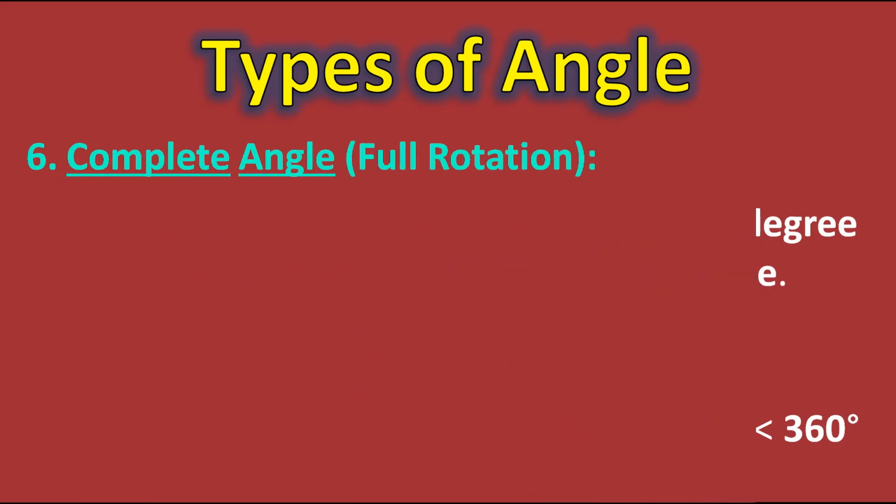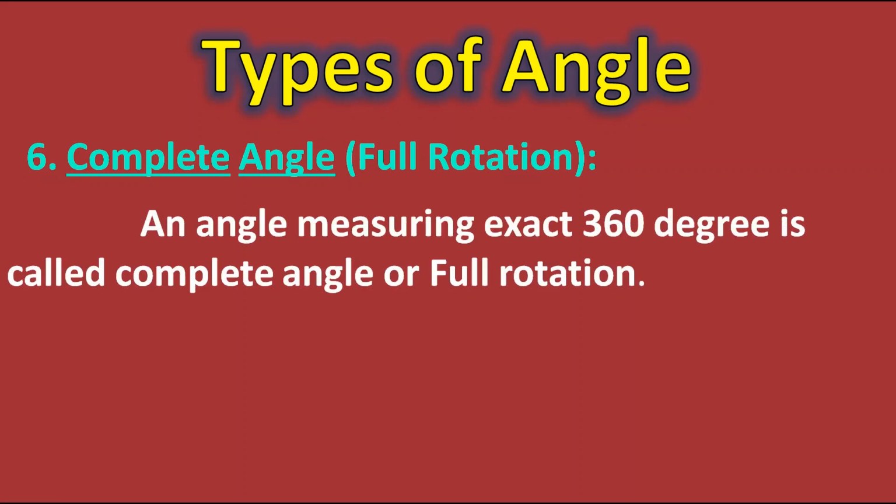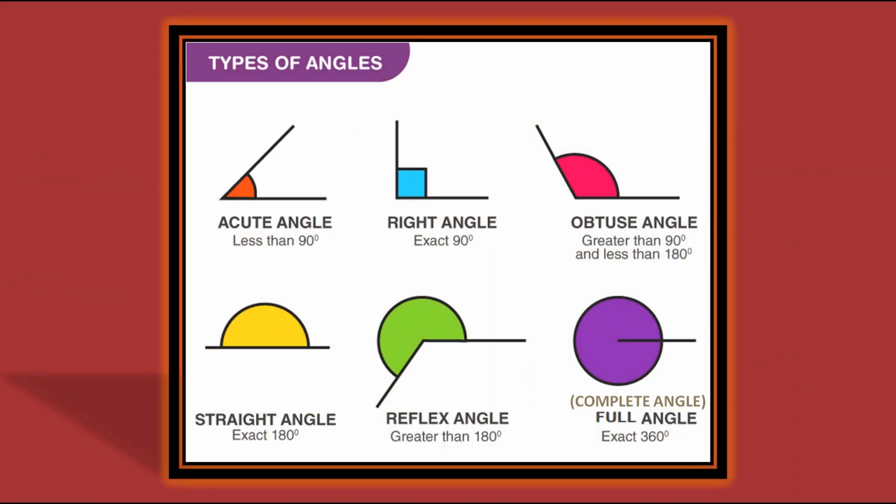Next comes complete angle or full rotation. An angle measuring exactly 360 degrees is called a complete angle or full rotation. See here, this is an angle which is measuring 360 degrees. Therefore, this angle is called a complete angle or full rotation. So, here these are 6 types of angles.